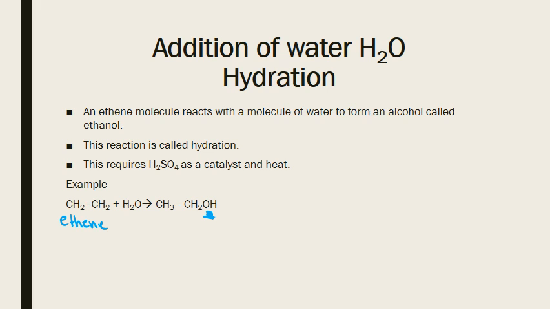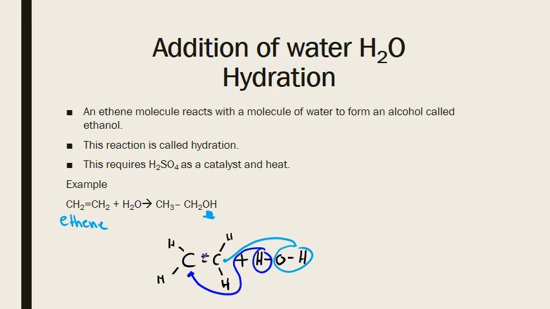So let me draw this out for you. So we've got CH2 double bond CH2, plus H2O. Okay, and what will happen is this bond will break, the hydrogen will come and attach itself here, the OH will attach itself here. What will we have?